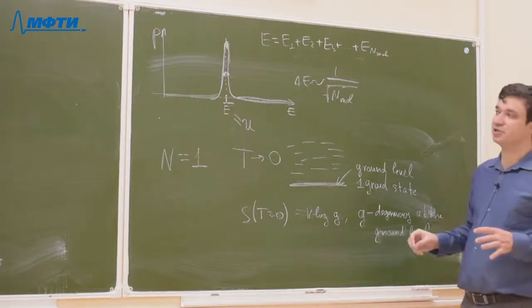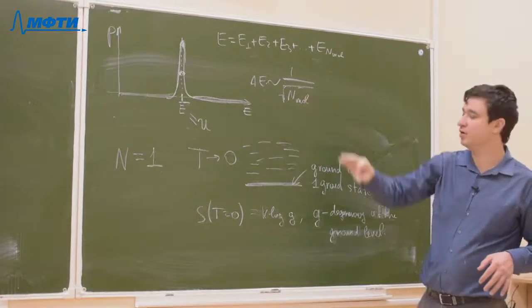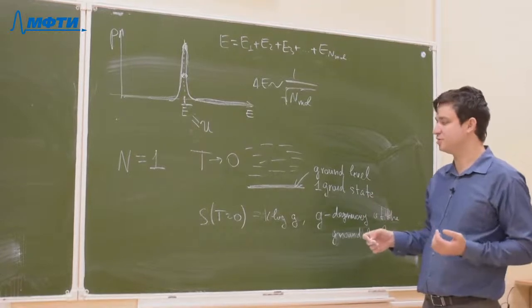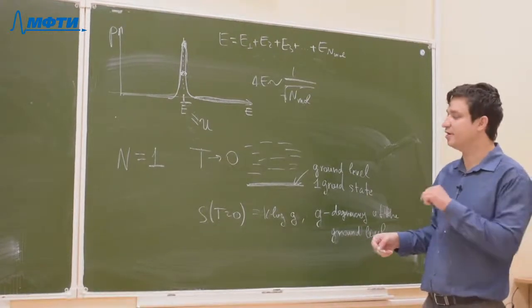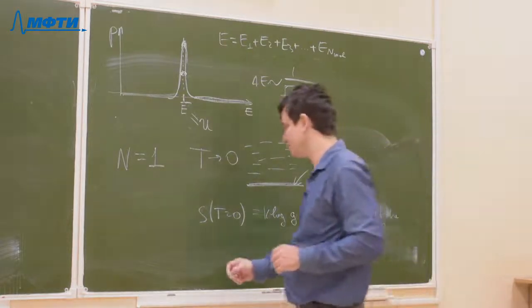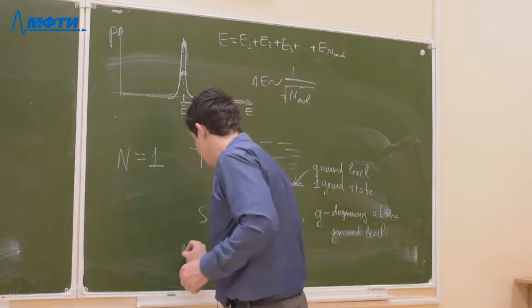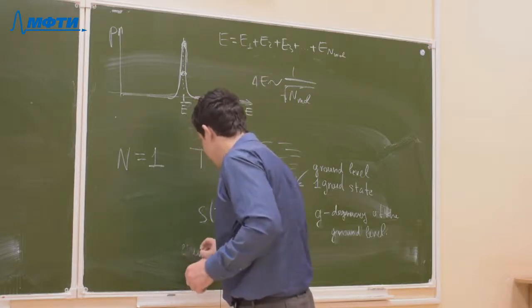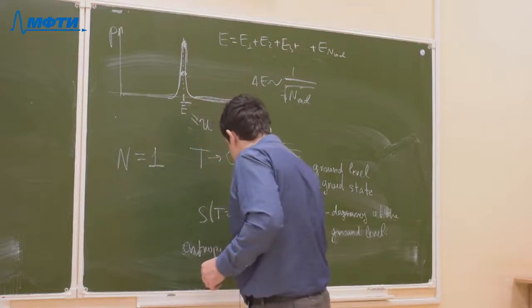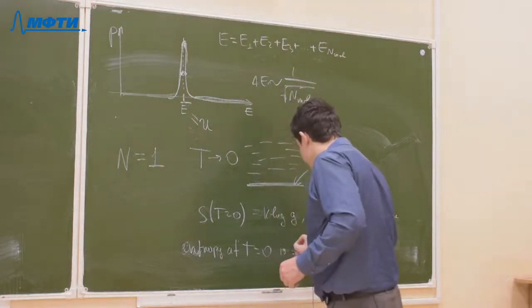So there are certain systems which violate the third law of thermodynamics in this explicit form, but nevertheless, even for this type of system, we can write down that entropy at zero temperature is some finite number. And this is the most important part of the third law of thermodynamics. Not energy, entropy at T equal to 0 is a finite number.